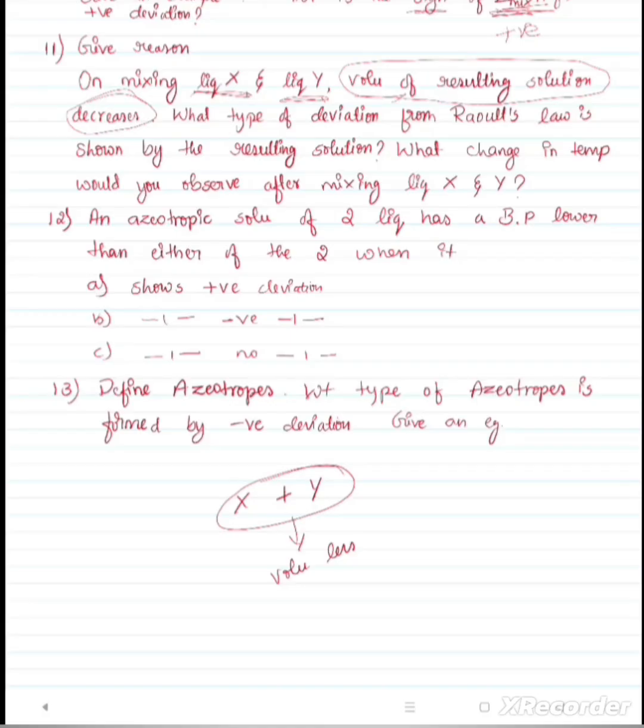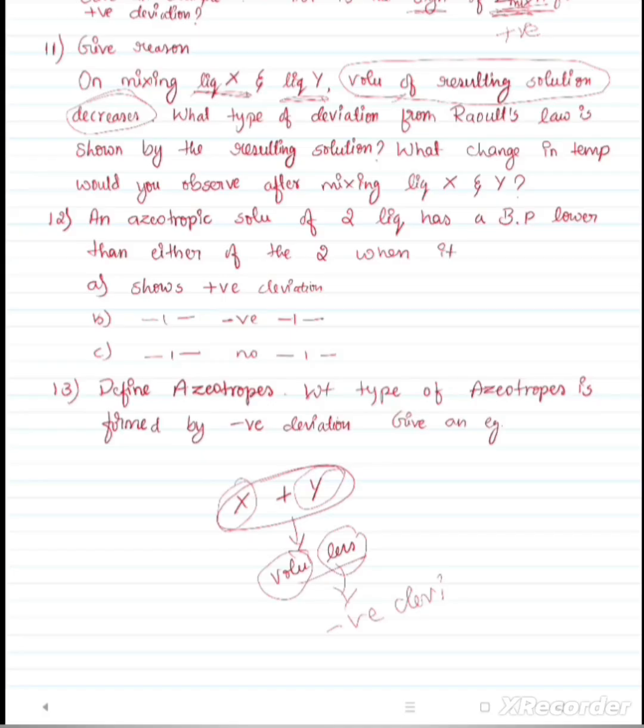So what will form? Volume is less means, in which case will volume be less? So if you are adding liquid X and liquid Y, volume will become less. Volume is less means it will show negative deviation.